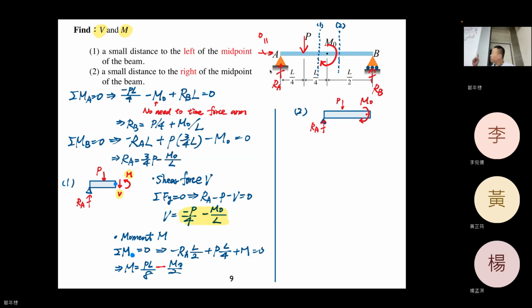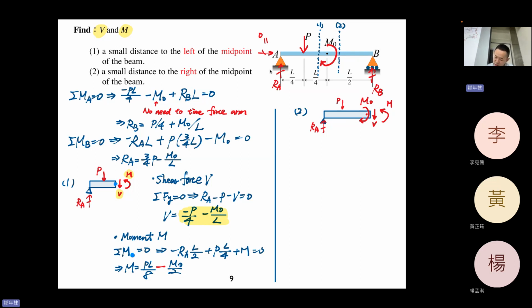Again, notice that because we cut it, we need to assume V downward and M upward. That's it. And then we will do exactly the same thing for the shear force balance and moment balance.